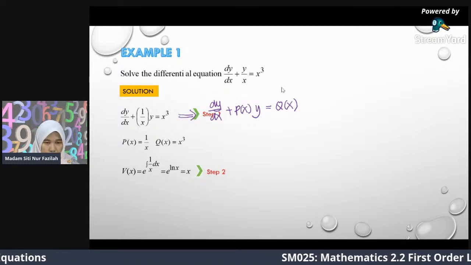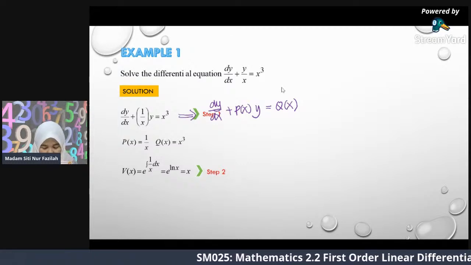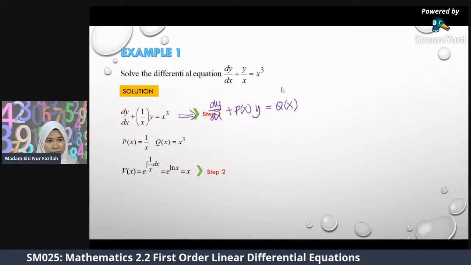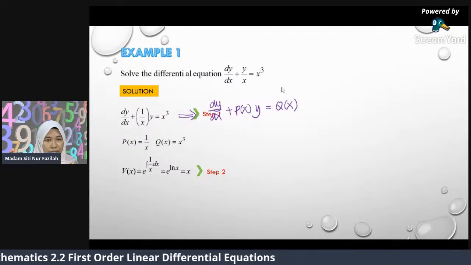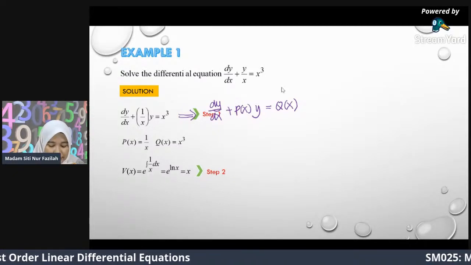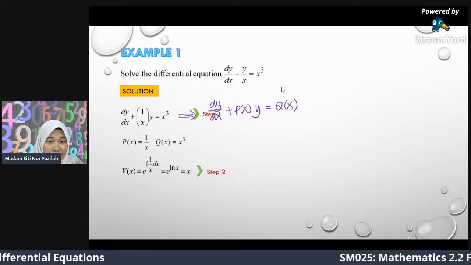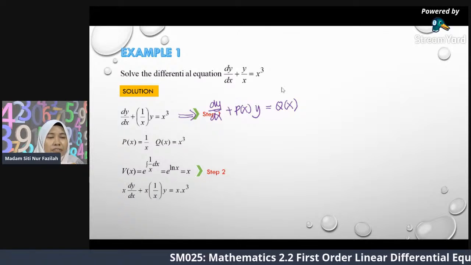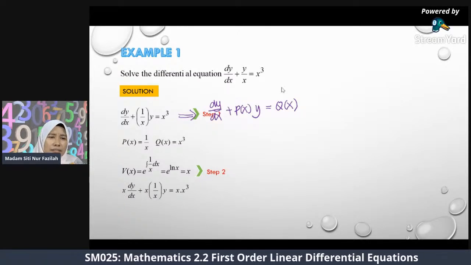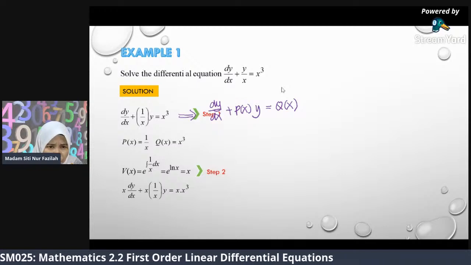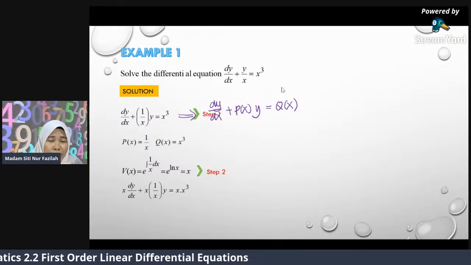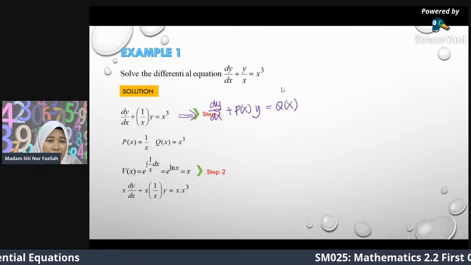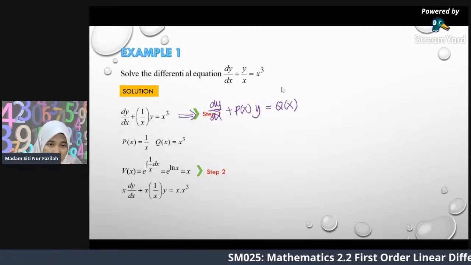Next, for step 3, we need to multiply the DE in step 1 with V(x). Just rewrite: x multiplied with dy over dx plus x multiplied with 1 over x y equal to x multiplied with x to the power of 3.